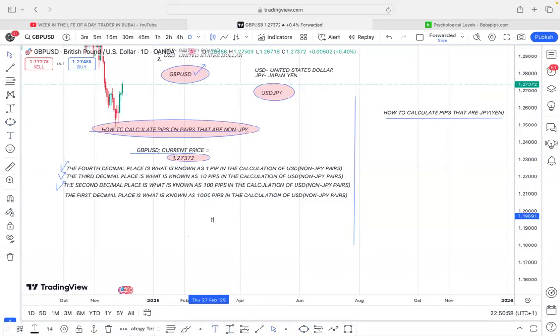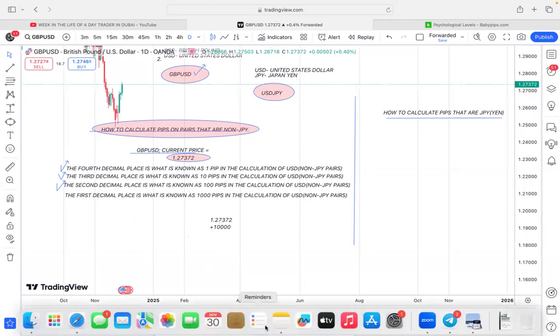If this is your current price, 1.27372, what is the first decimal place? It's 2. So now 2 is where you're going to start to calculate your 1,000 pips. So you're going to add 10000.